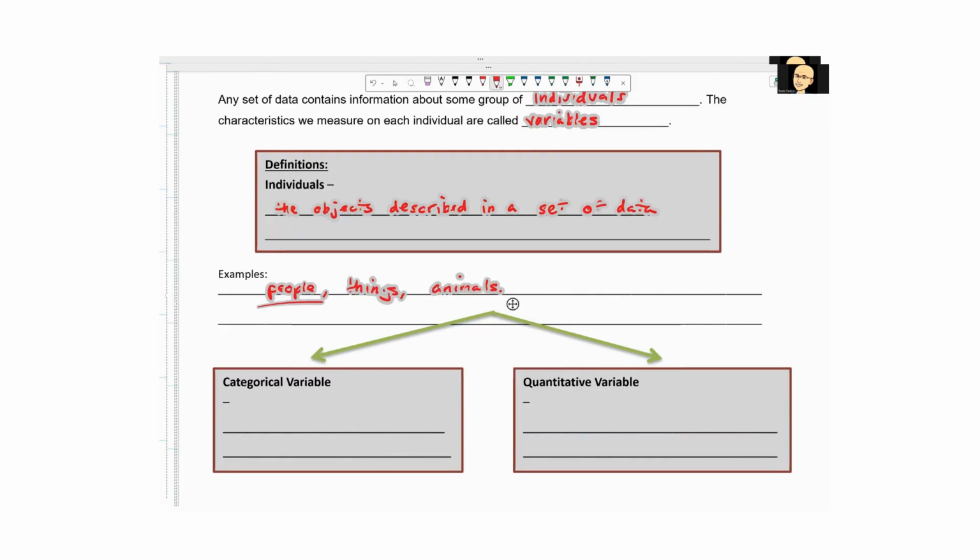Categorical variables place an individual into one, emphasis on one, of several categories.